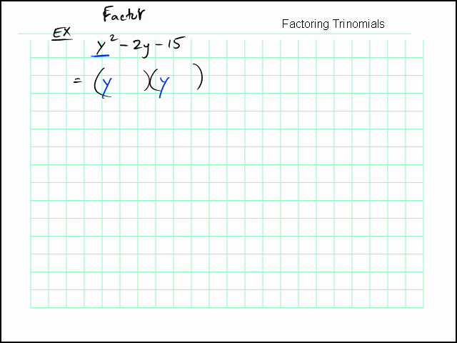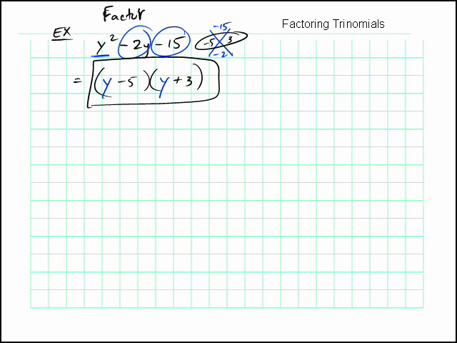Now, I'm looking for two numbers that multiply to negative 15 but add up to negative 2. Those two numbers would be negative 5 and a positive 3. If I multiply them, I get negative 15. If I add them, I get negative 2. So I'm going to put a minus 5 there and a plus 3 there, and I have it factored correctly.